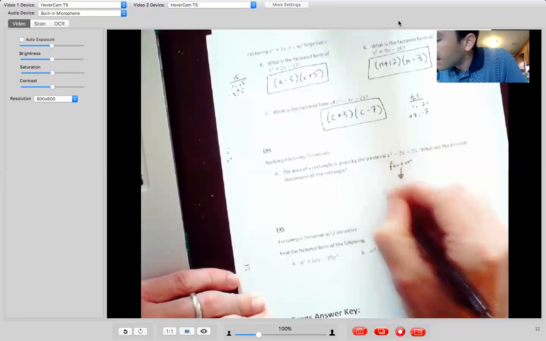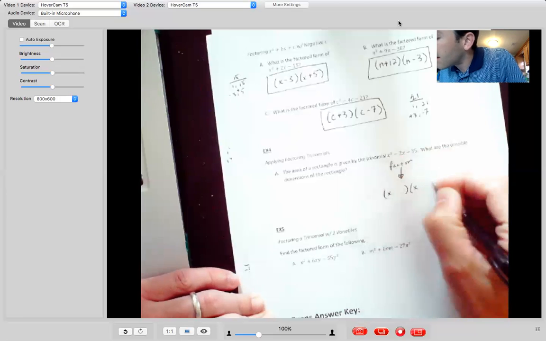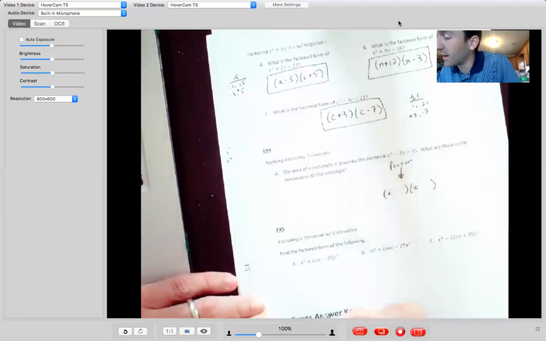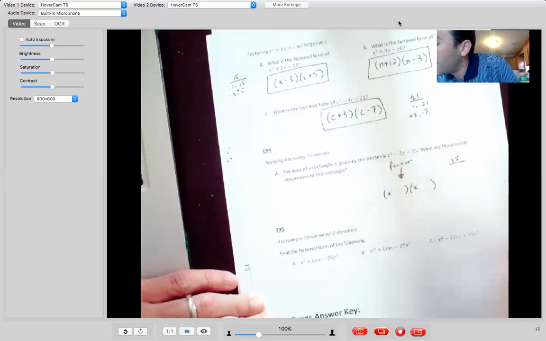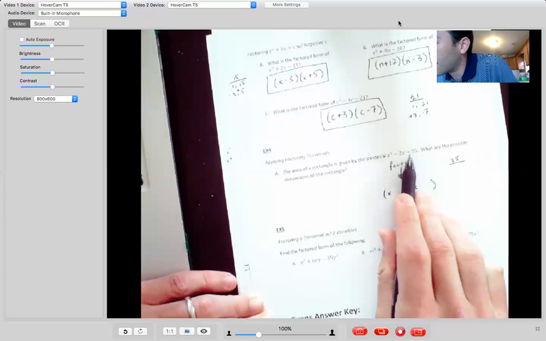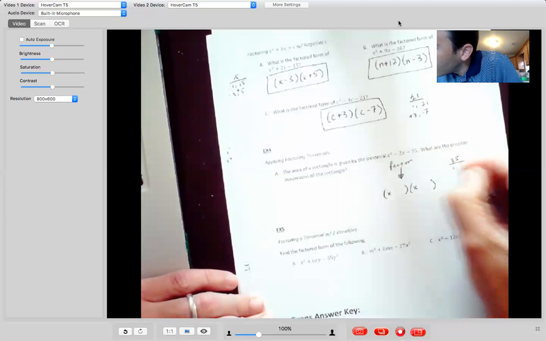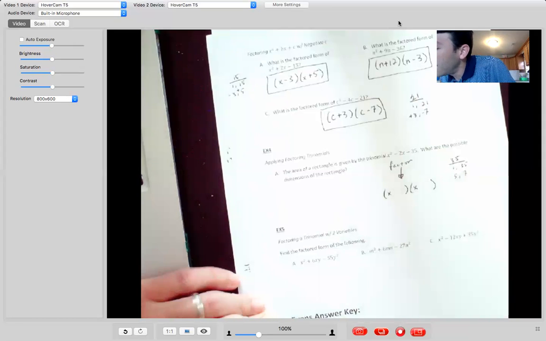So it's going to be x plus or minus something times x plus or minus something, right? Looking at our factors of 35 here. We have a negative product, so we're looking at which ones have a gap of 2. 1 and 35, that's too far apart. 3 doesn't work. 5 and 7, those have a gap of 2.